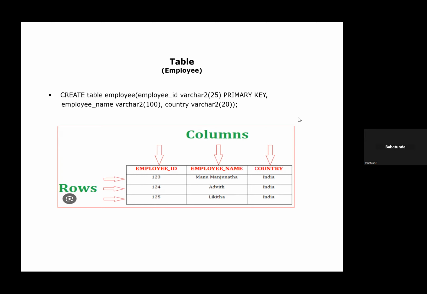And with VARCHAR2, we determine the alphabet, whether it is alphanumeric. If it is alphanumeric, maybe you have Q123, or ABC123, so you can capture it in there. But please make it a primary key, meaning make it unique. If Babatunde is using number 1, no one else can use number 1.